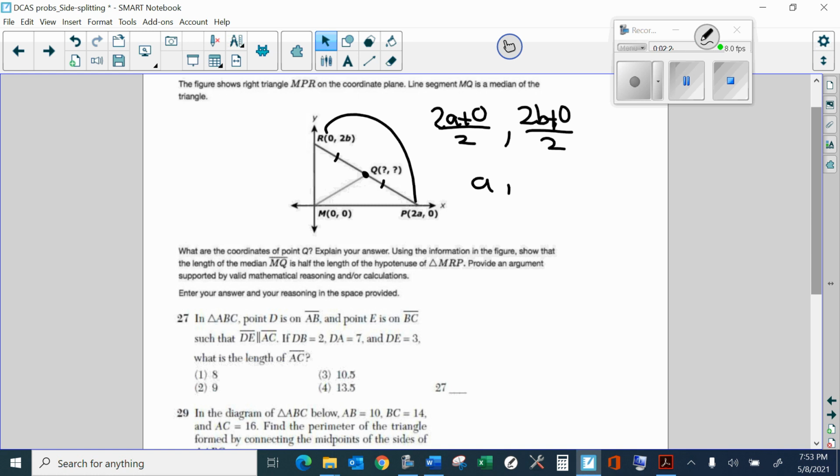So that gives me A, comma B is my answer for Q. All you're checking is the midpoint formula. That's all you're having to show. It's the midpoint.